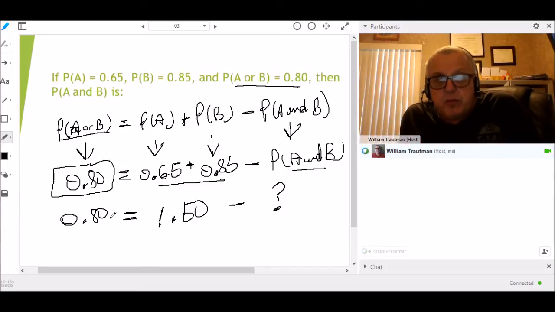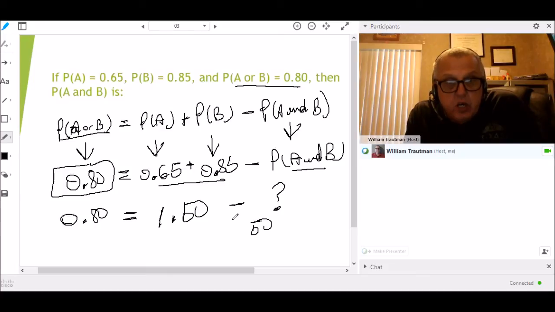But I want to make sure you know how to do this. You could go through trial and error if you want. You could put 50 in there. 1.50 minus 50, you still have 1, but we need 8, right? So you can put 0.60 in there. 1.50 minus 0.6 is 0.9. No. Try to put 0.7 in there. 1.50 minus 0.7 is 0.8.